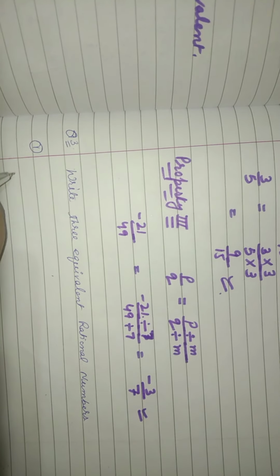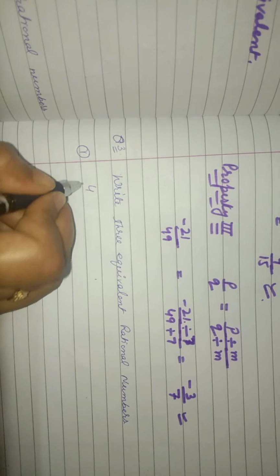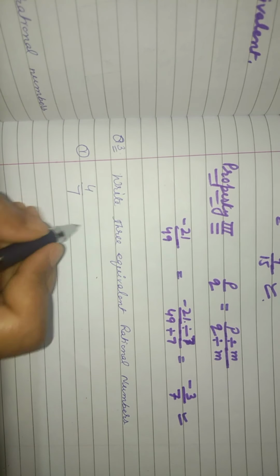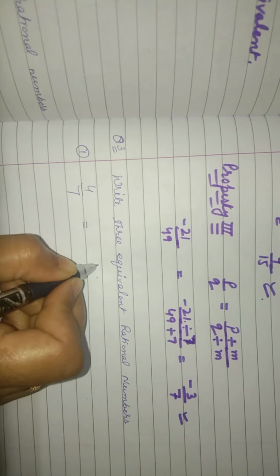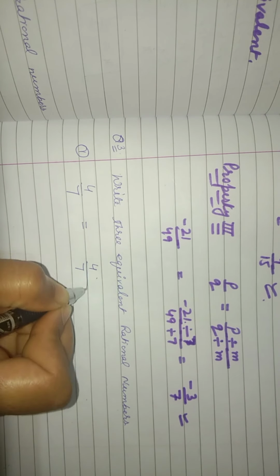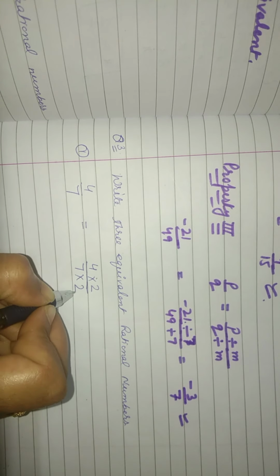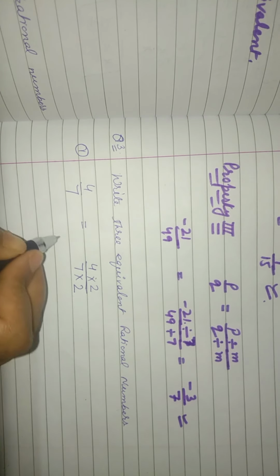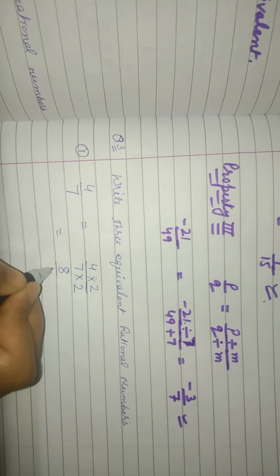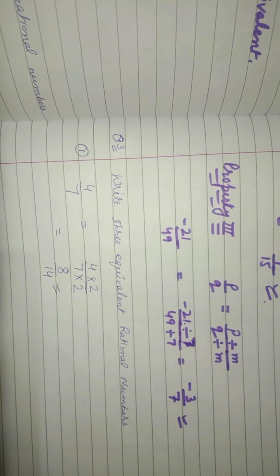The first part is 4 upon 7. First we are going to multiply both numerator and denominator by 2. I said this number can be anything. So 4 2s are 8, 7 2s are 14. First answer.